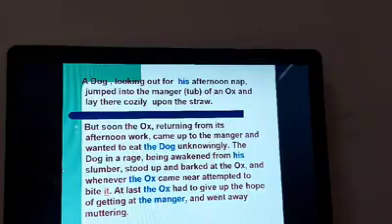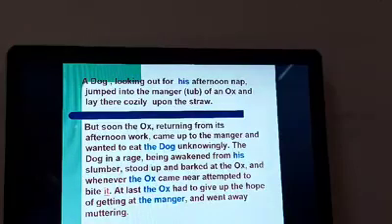But soon the ox, returning from its afternoon work, came up to the manger and wanted to eat the dog unknowingly. So here for the dog we are using "his" and for the ox we are using "its". The ox knows that in the manger there is some straw, but unknowingly he tried to eat the dog, because the dog was lying in the manger.